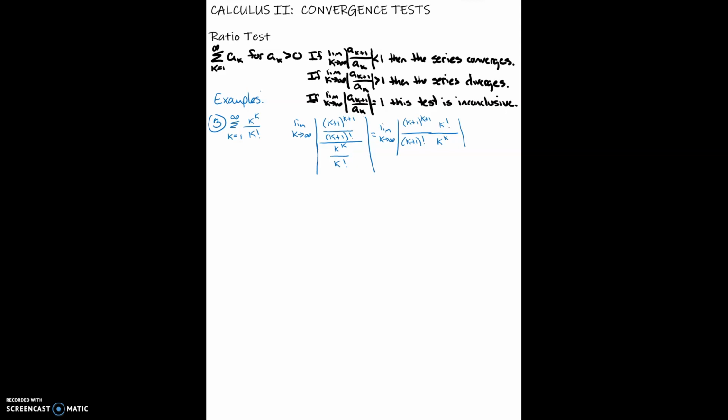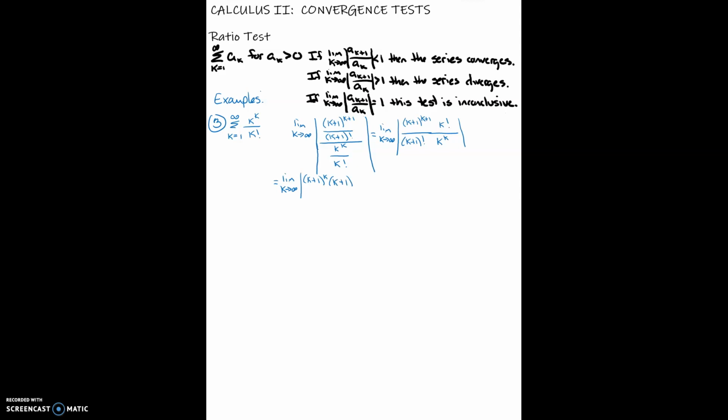I'm going to do a couple of things here. I recognize that I have a k plus 1 as an exponent. I'm going to go ahead and write that as two terms using some exponent rules. I'm also going to write out the first term of the k plus 1 factorial term. So we have k plus 1 to the k times k plus 1 to the 1, if you need, but you don't need to write that.